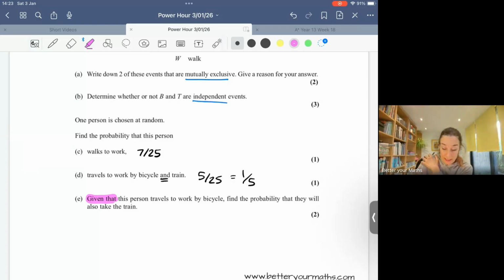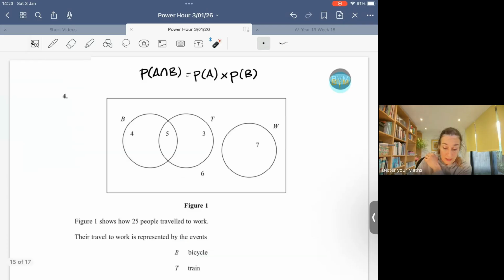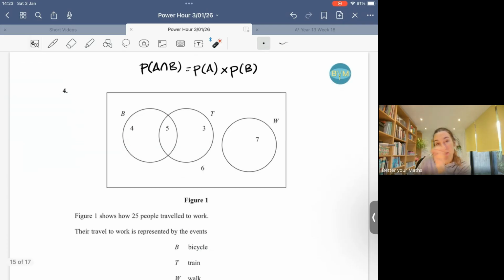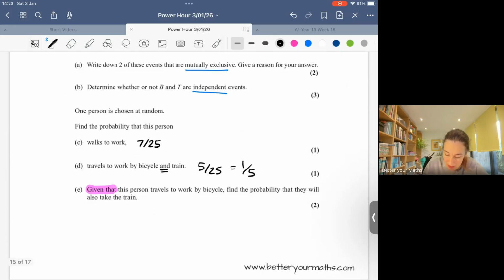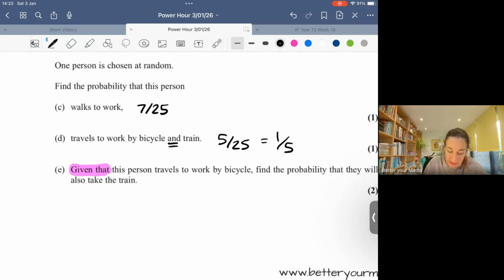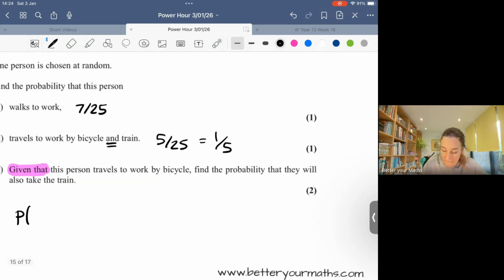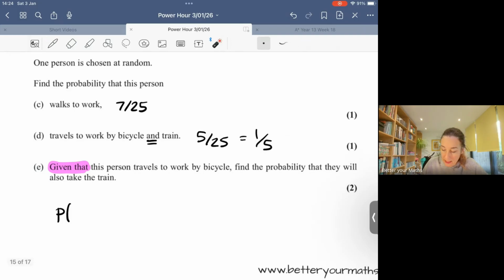Yeah. So it says, given that this person travels to work by bicycle, find another probability. So we know now our group is this group only. So we can kind of ignore the other. So we are going to write this, and now I'm going to do it here. We need the probability that this person will also take the train.